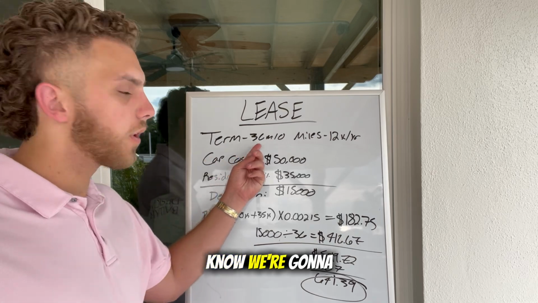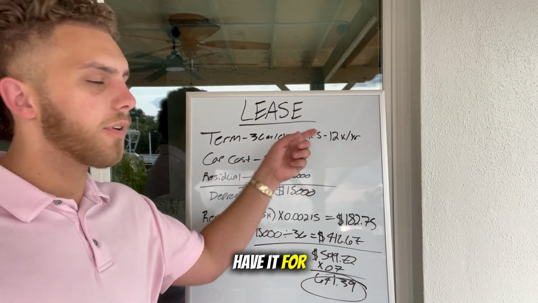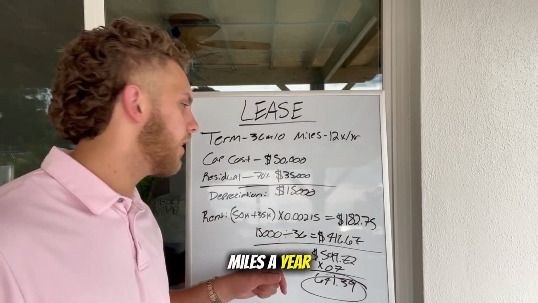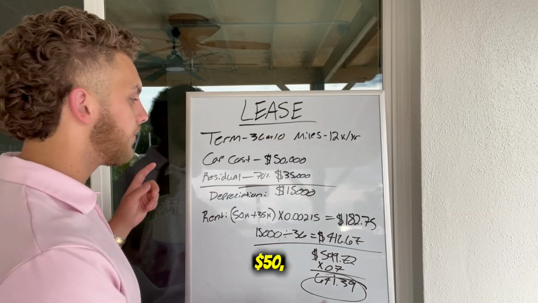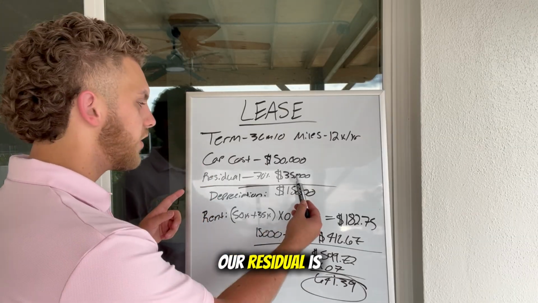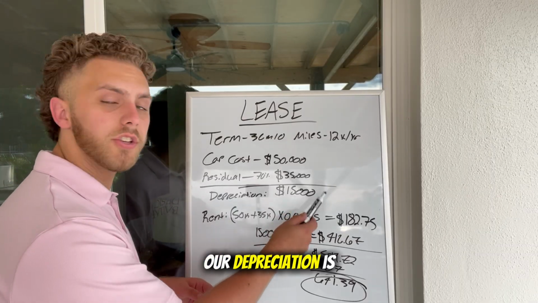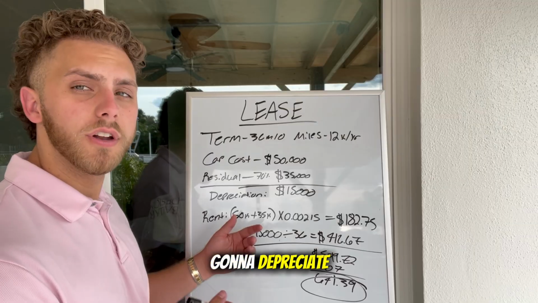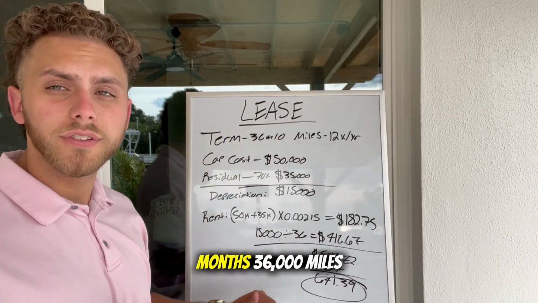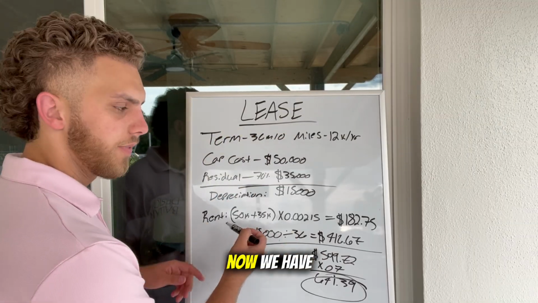So we do know we're going to have it for 36 months, and we're going to have it for 36,000 miles, 12,000 miles a year. We know our cap cost is $50,000. Our residual is 70% at $35,000, okay? Our depreciation is $15,000. That's how much the car is going to depreciate over that 36 months, 36,000 miles. Now, we have our rent payment.